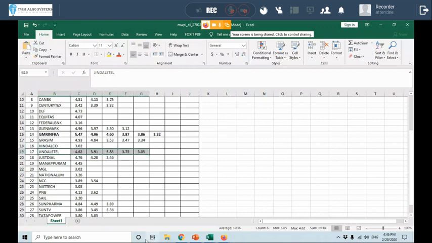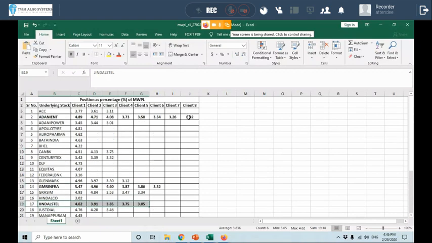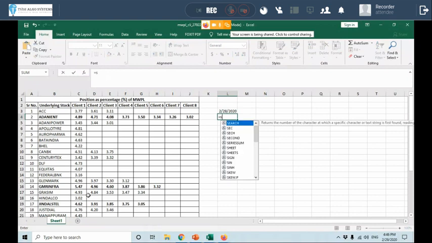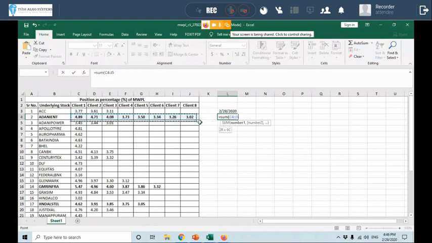Jindal Steel: a total of 5 clients are interested. Whether they are short or long, we don't know. For example, yesterday was 28th Feb, right? What is the overall open interest of these clients?